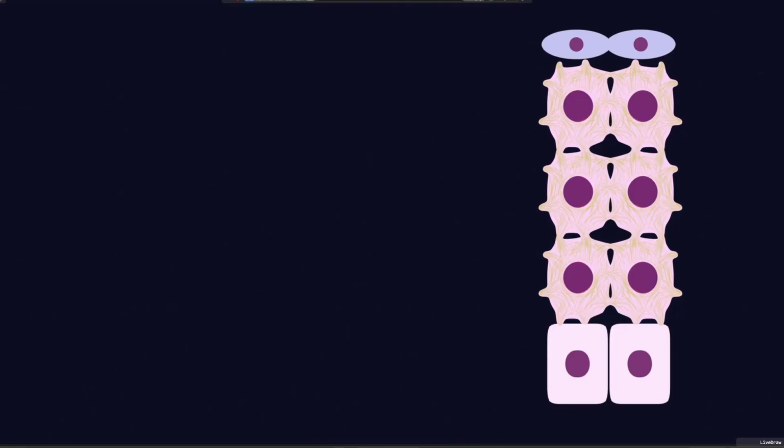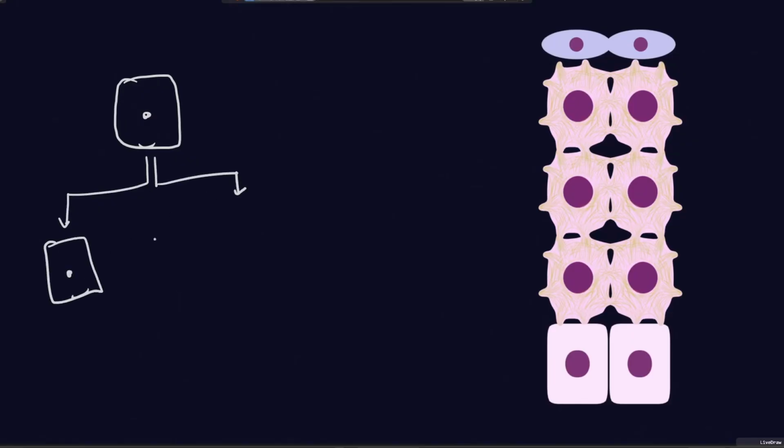It's very important. So let's suppose this is the basal cell, right? Now this single basal cell proliferated and divided into two cells, like this.